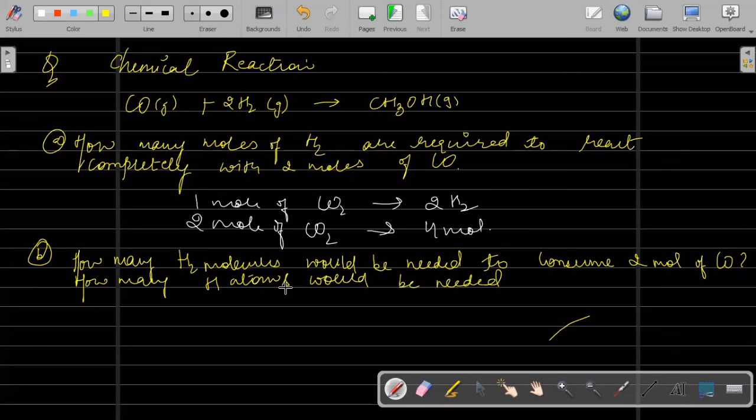The question is asking how many H2 molecules, talking about the molecule. 1 mole of hydrogen. So how many particles are present in 1 mole of H2?